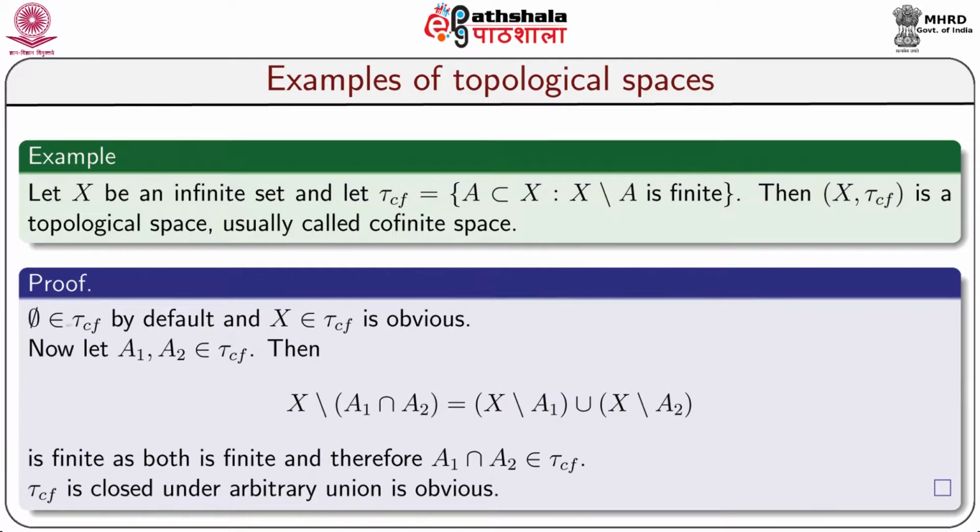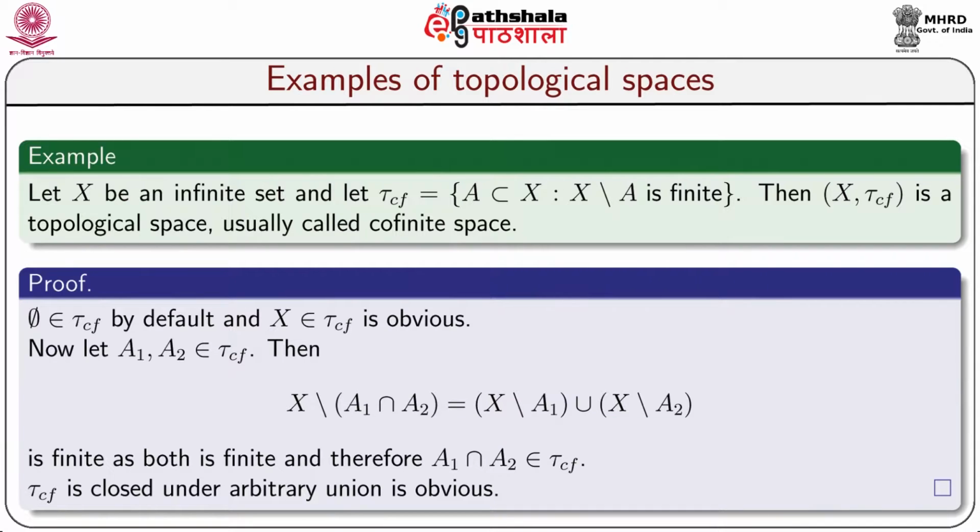You can see the proof. The empty set belongs to tau_cf vacuously. X obviously belongs to tau_cf. Now let us consider A1 and A2 belonging to tau_cf. That means the complements of A1 and A2 are finite. Then X minus (A1 intersection A2) is equal to (X minus A1) union (X minus A2).